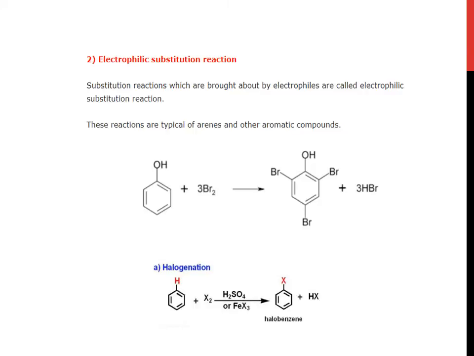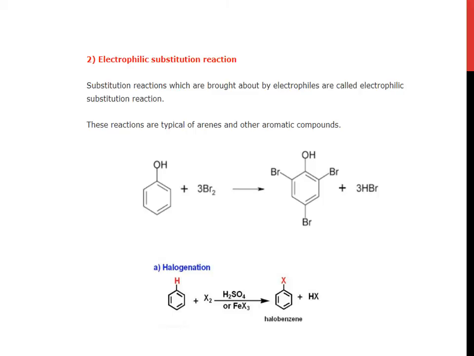There will be substitution of bromine at 3 positions. This is the formula of phenol, and start numbering it 1, 2, 3, 4, 5. It is 2, 4, 6. This is 2,4,6-tribromophenol.